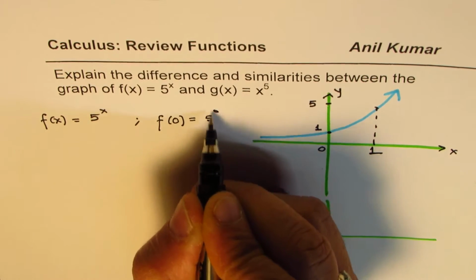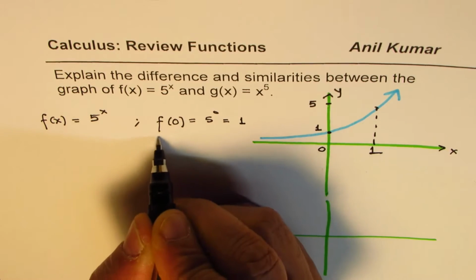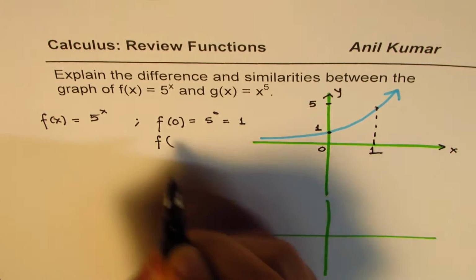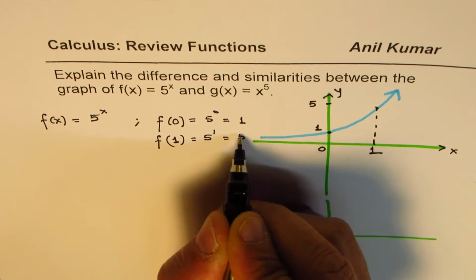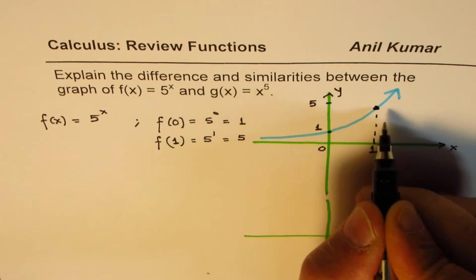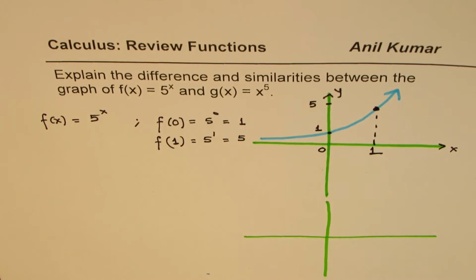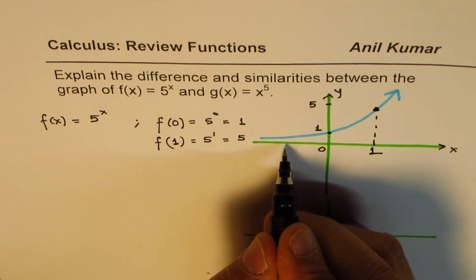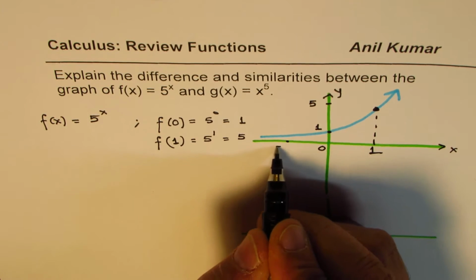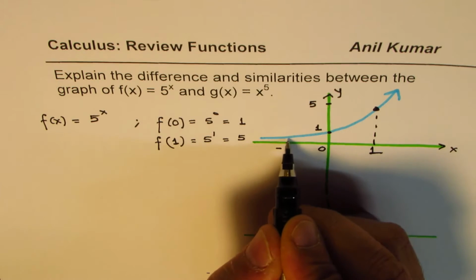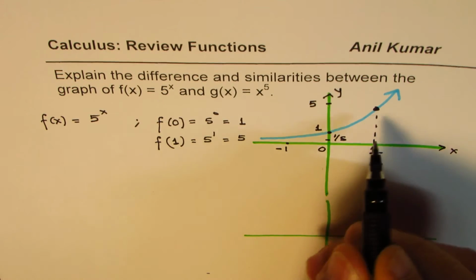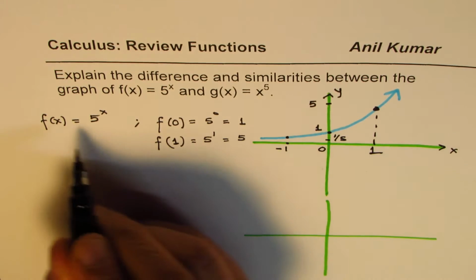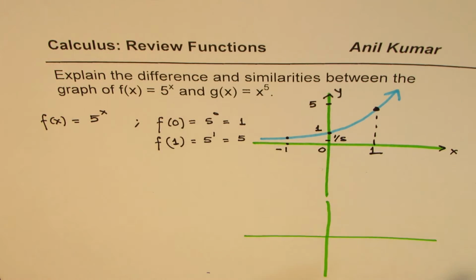It is 5 to the power of 0, which is 1, and f of 1 will be 5 to the power of 1, which is 5. So these are critical points for this function. Can you tell me what is going to be f of minus 1? This value will be 1/5. Is it okay? So we just took few points to review the concepts about exponential function, right?